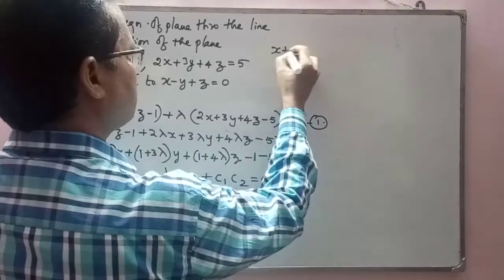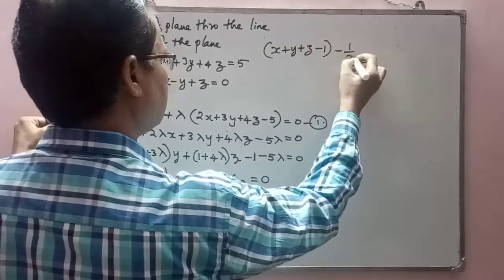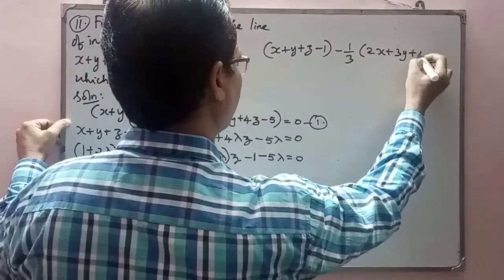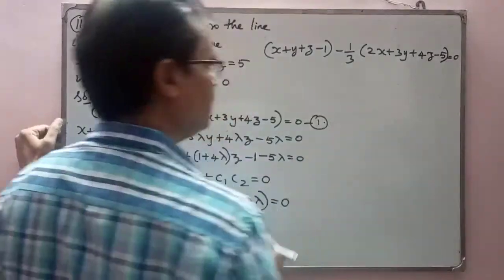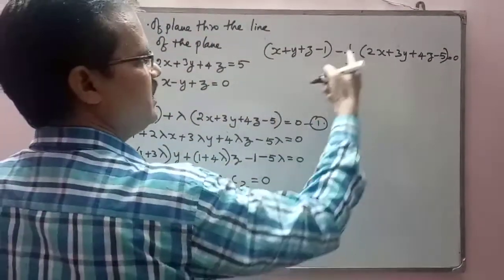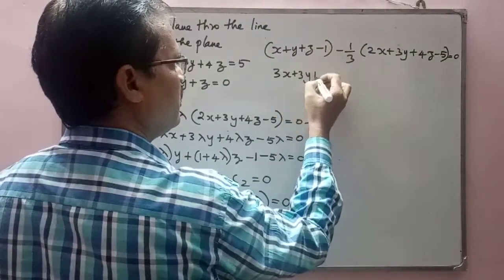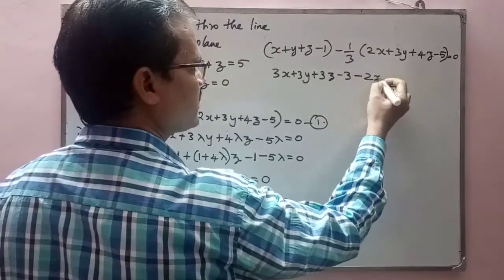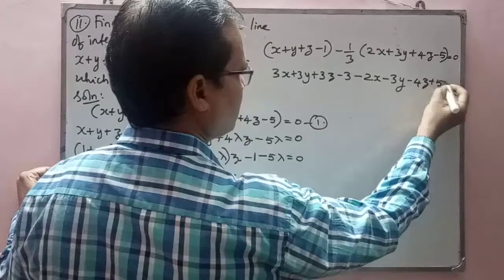So x plus y plus z minus 1 minus 1 by 3 times (2x plus 3y plus 4z minus 5) equals 0. Okay, now multiply by 3 and minus with this one. So 3x plus 3y plus 3z minus 3, take this negative inside, minus 2x minus 3y minus 4z plus 5 equals 0.